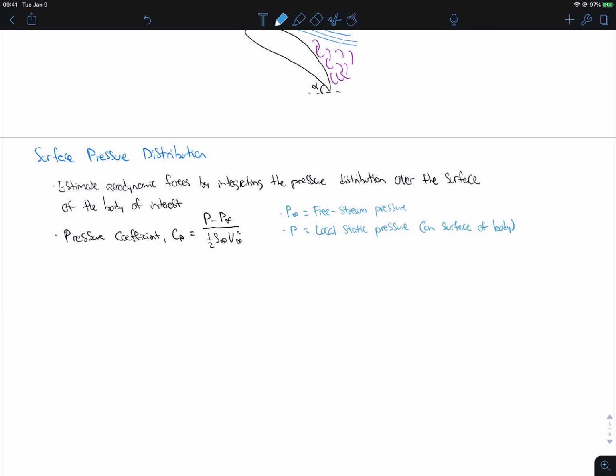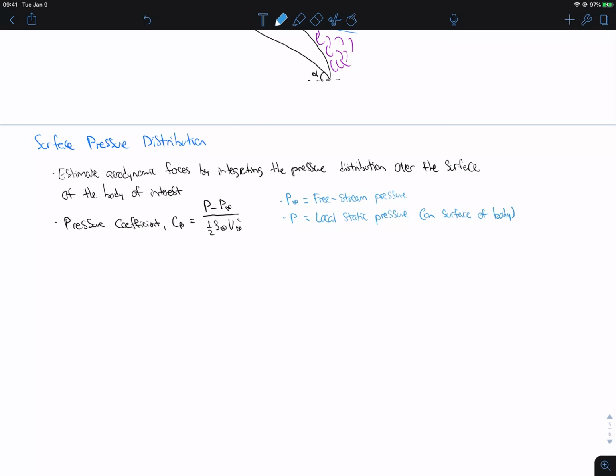Because of that, once we go in the lab, you have to make sure that the surface on these objects is very smooth, so we're sure that the pressure on the surface is the static pressure at that hole.